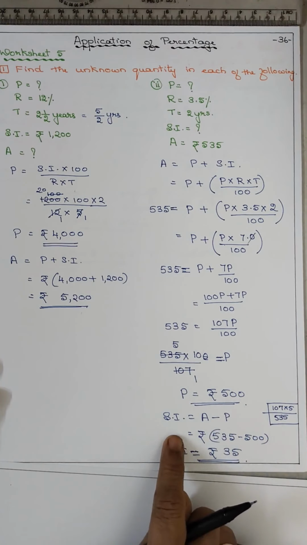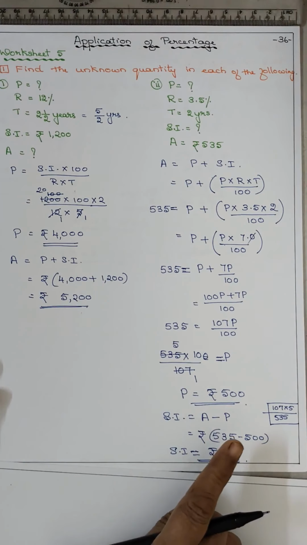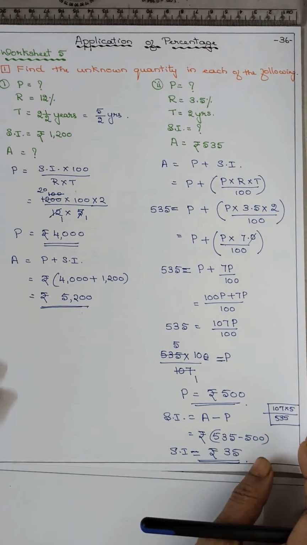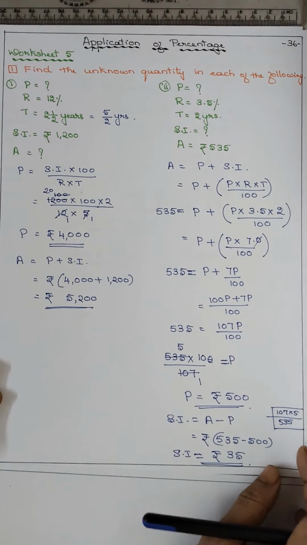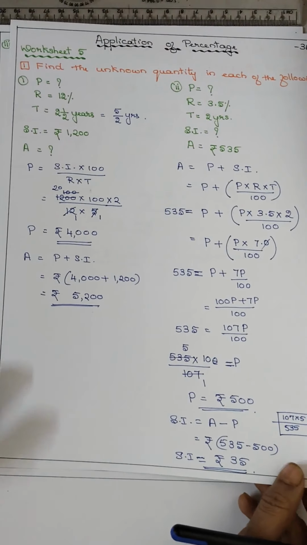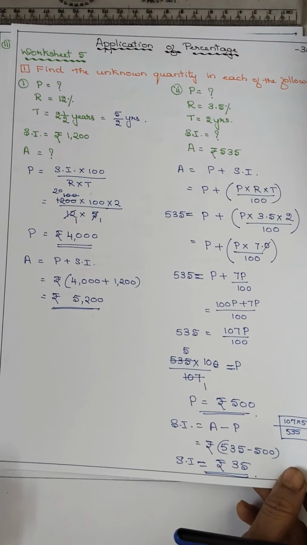Now again SI has to be found. So amount minus principal. Okay?